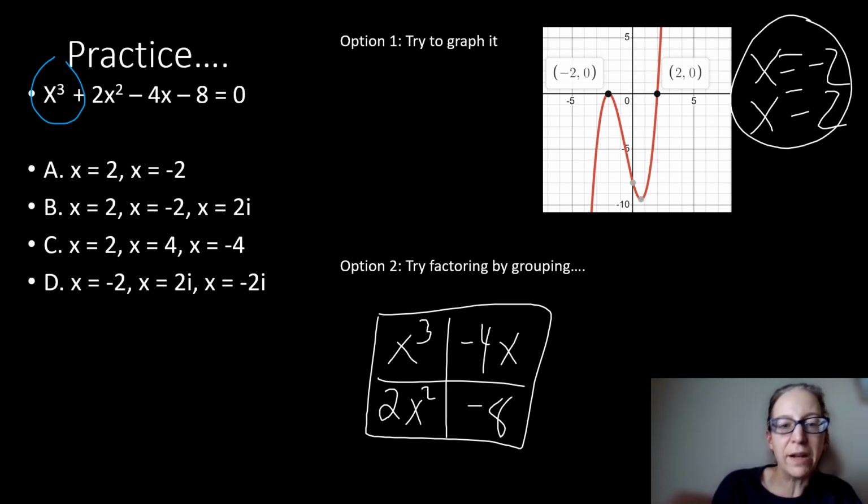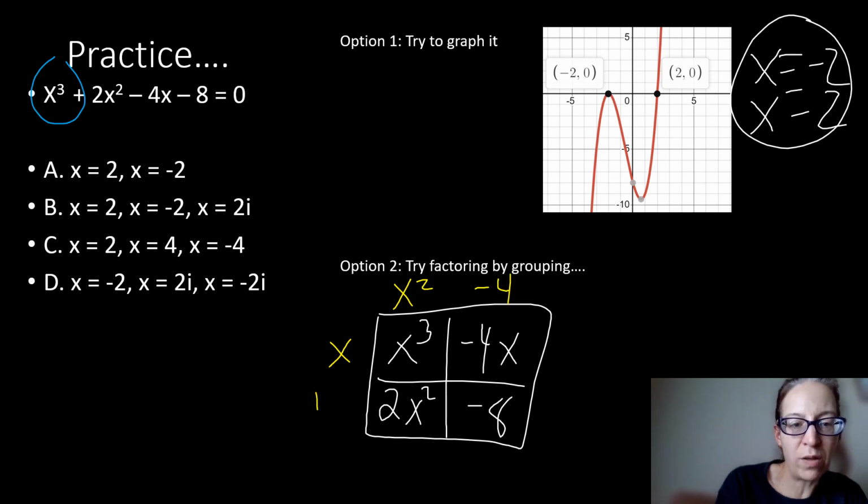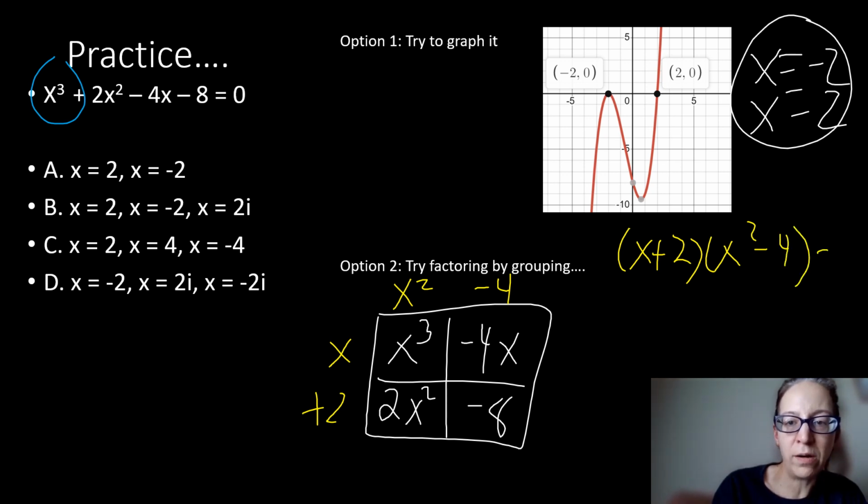So some of you might have decided to do this. I have a GCF of 4. I have the x squared. This is a minus 4. This is a plus 2. And so this actually factors into x plus 2 and x squared minus 4.